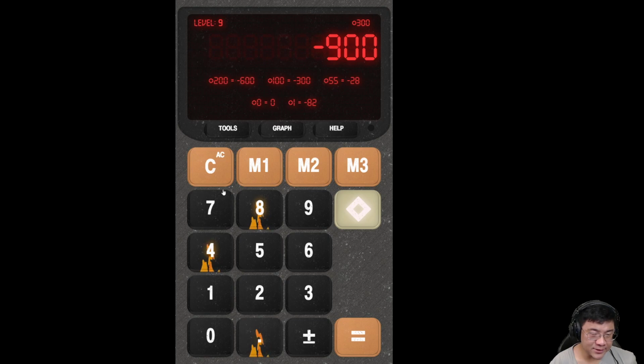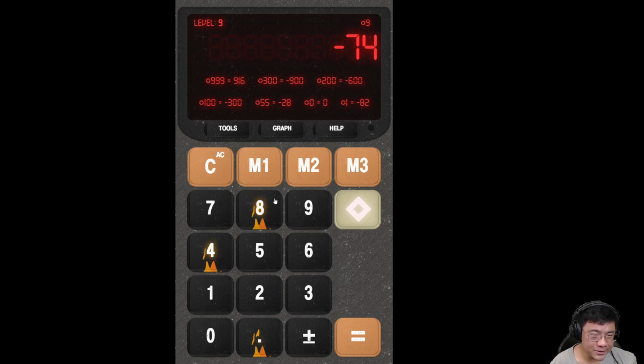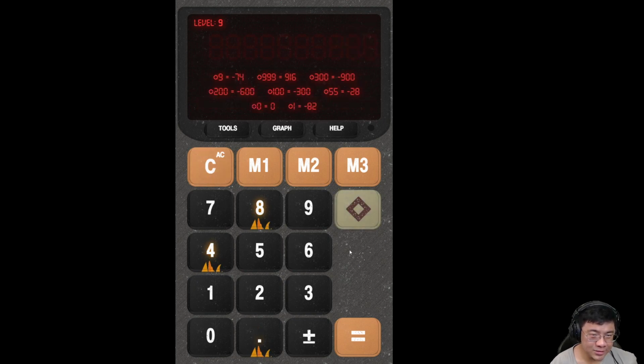The fact that the decimal's on fire makes me wonder if it's, no, it can't be because you have to be able to put it in. 116. Wow, this is really hard. Yeah, I'm not quite sure.